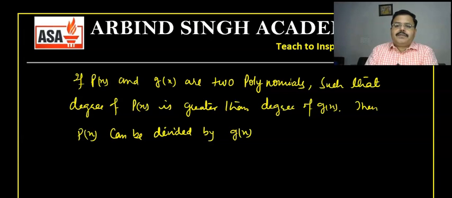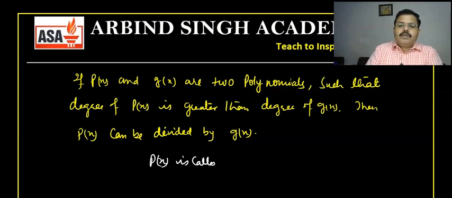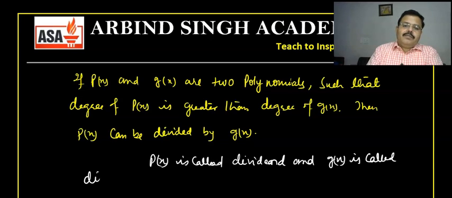In this case, P(x) is called the dividend and G(x) is called the divisor. Those who can divide are called divisors, right?